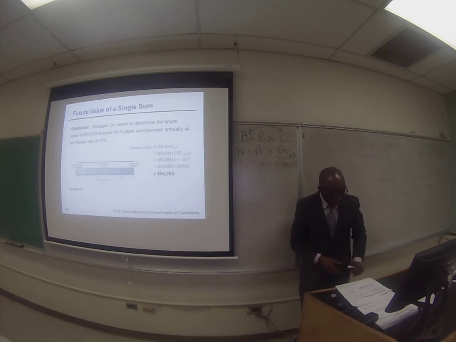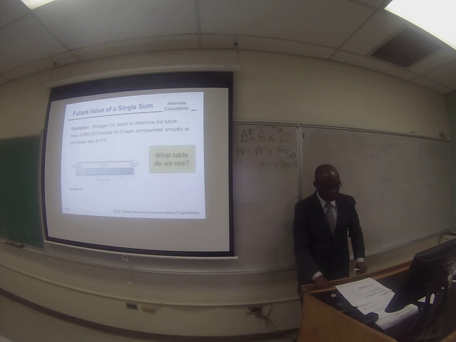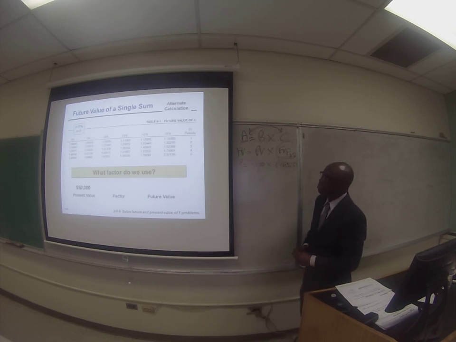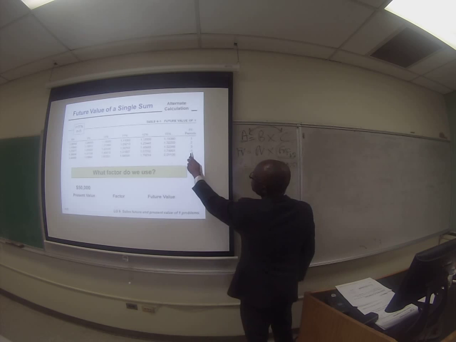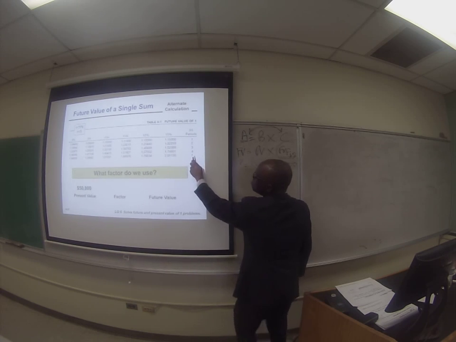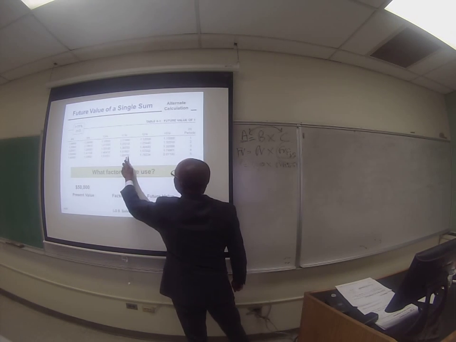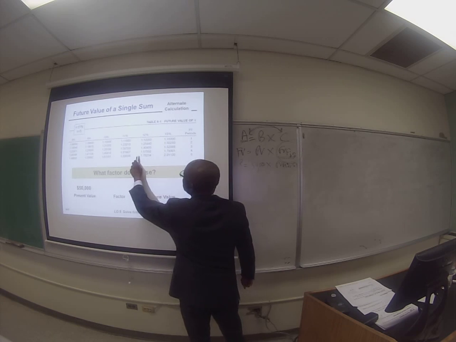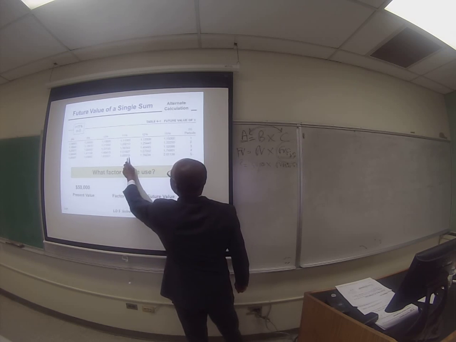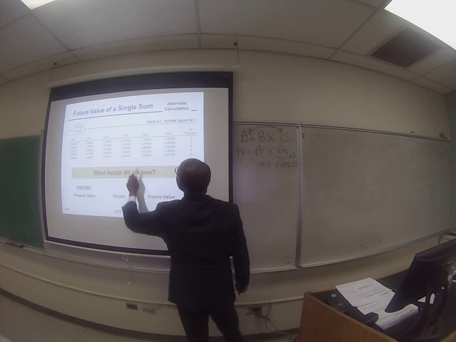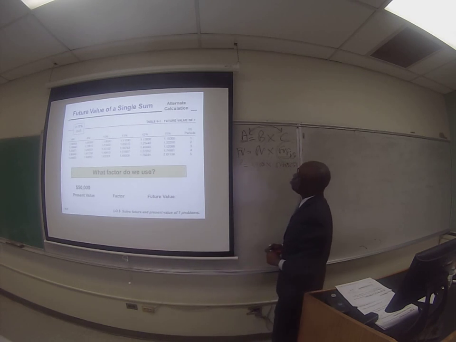So if we take a look at the table, the period is 5, 11% is this column. So 1.6850 is the future value interest factor.